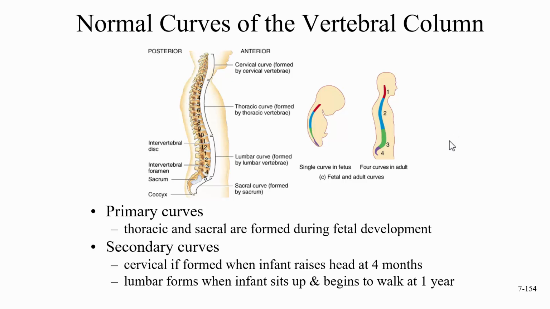And then as the baby sits up and then is able to stand and start walking, then the final curve, this lumbar curve, is going to form. Okay, so the primary curves again are the thoracic and the sacral. The secondary curves are going to be the cervical and lumbar.